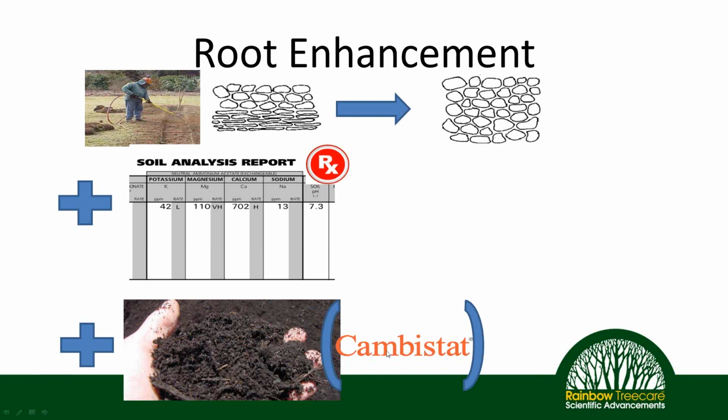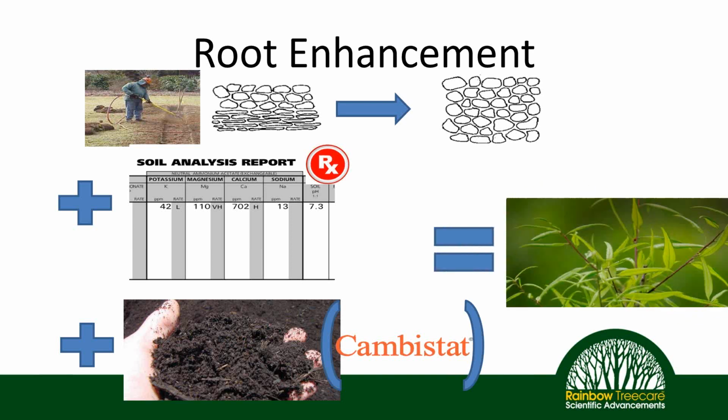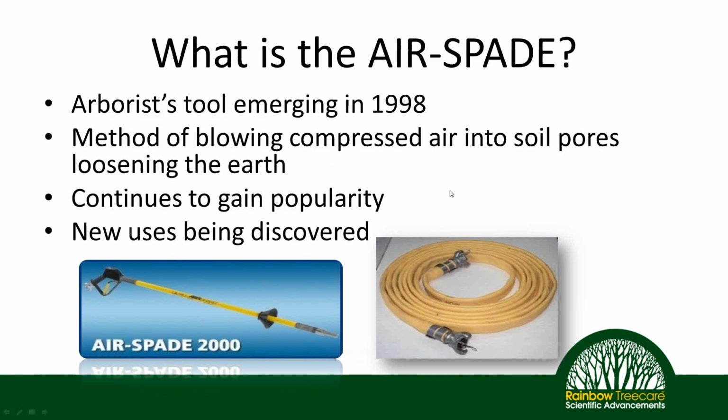This would also be a time that you could apply something like your Cambistat to influence plant hormones, or do an injection of something like verdure to, again, immediately get micronutrients into the plant. Do this process, and this is going to give you happy, healthy growing plants.